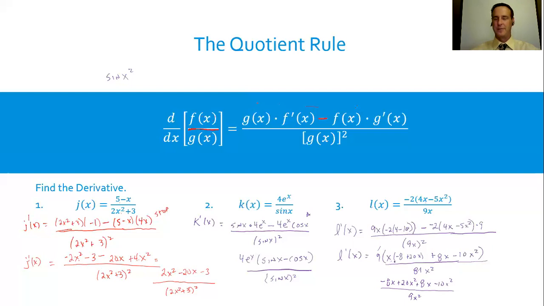All right, now if I've done my math right, the minus 8x and the positive 8x go away, and you're left with 20 minus 10 is 10 all over 9x squared, which should be 10 over 9.